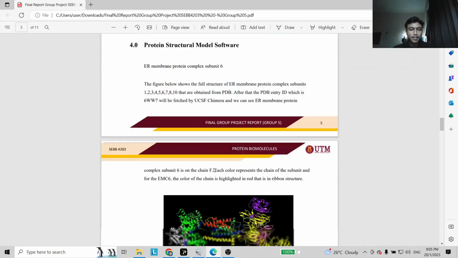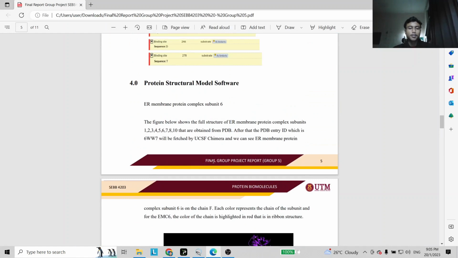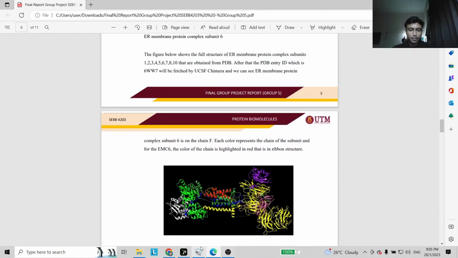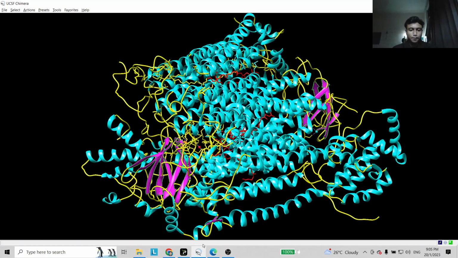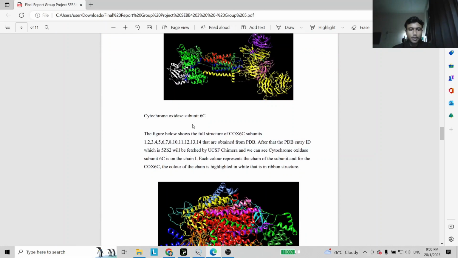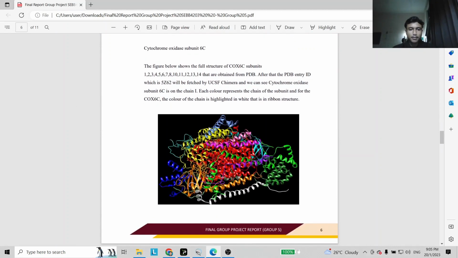Next, I'm going to move to the protein structural model, which is based on Chimera. This is the figure that I fetched from Chimera. As you can see, there are a lot of chains in the protein's 3D structure.